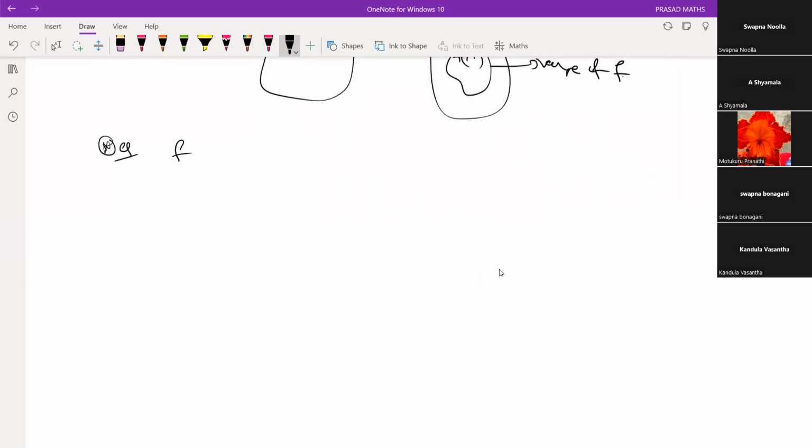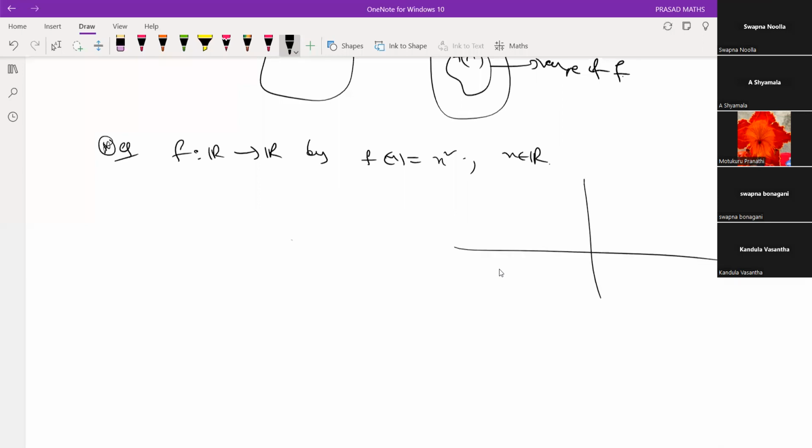Now tell me, suppose you take this. Is it a function? Yes, sir. Correct. This is my parabola because it's symmetric about the y-axis because x square is there.